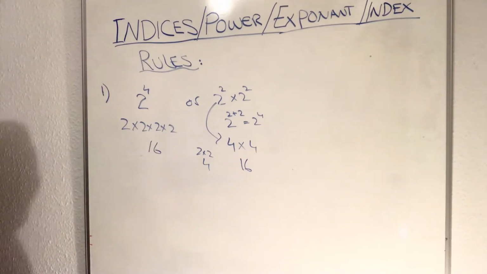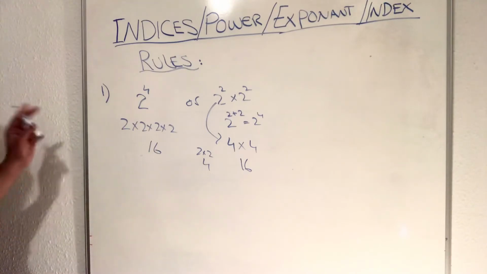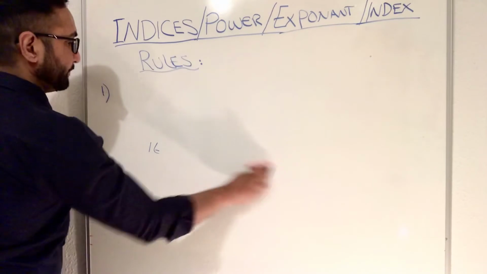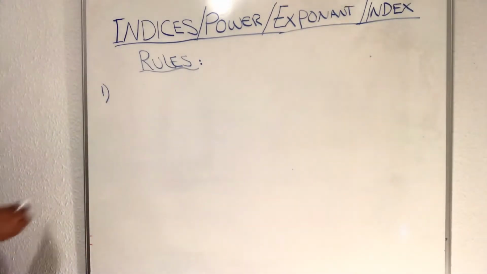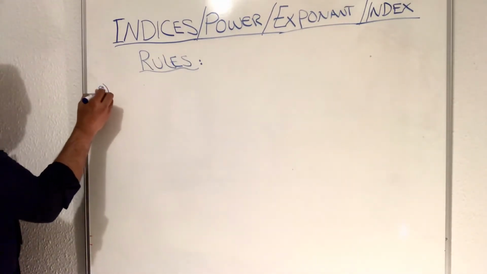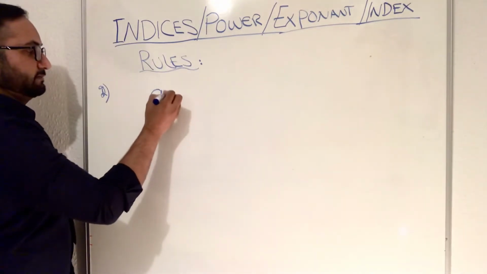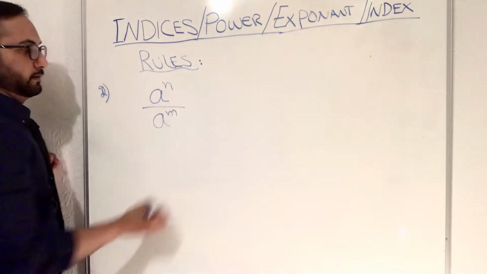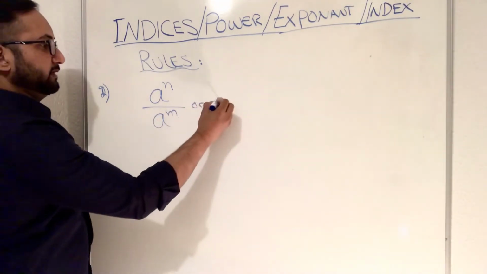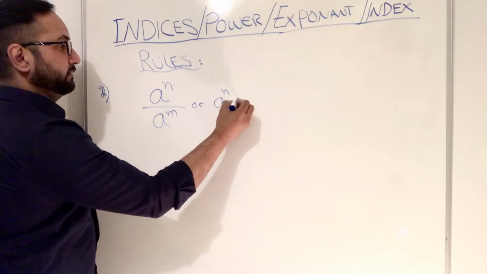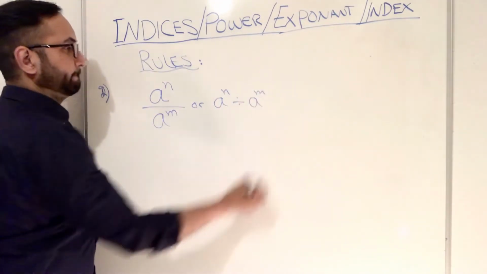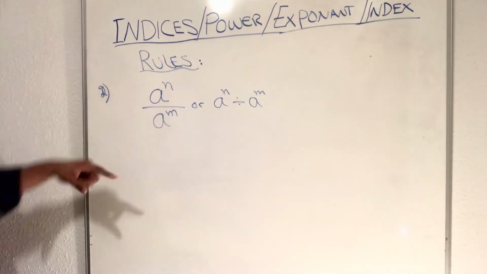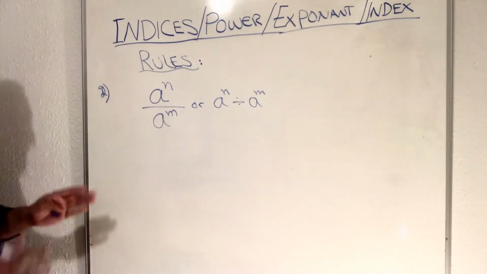So that was the multiplication rule: add the powers. If the values are divided, then what to do? The second rule: if I have a base like a, and they are divided, a power n divided by a power m, if they both have the same base and they are dividing, then the powers will be subtracted.